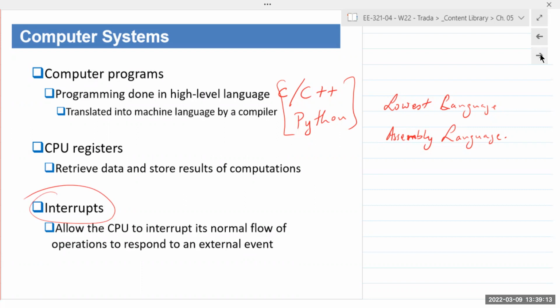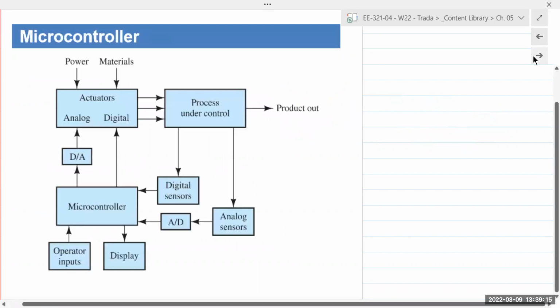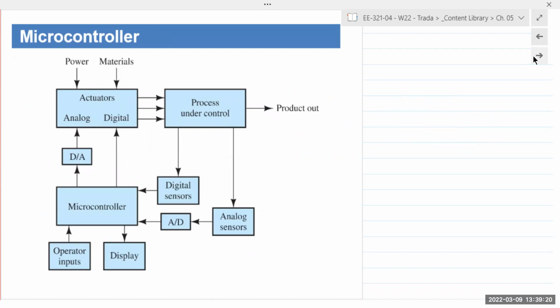Now, as development happened over time, things started shrinking. But you do not always need a very powerful processor to do the simplest of tasks, right? If you're just running a simple machine, you don't need to stuff a Core i7 processor in there. So for that purpose, we have what is known as a microcontroller. It is used for a specific purpose.